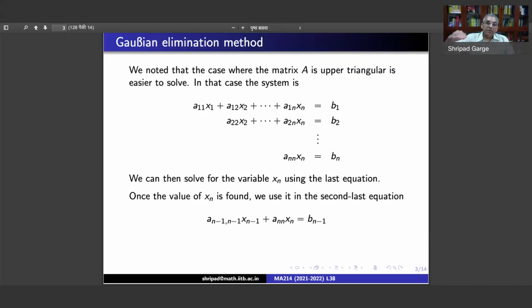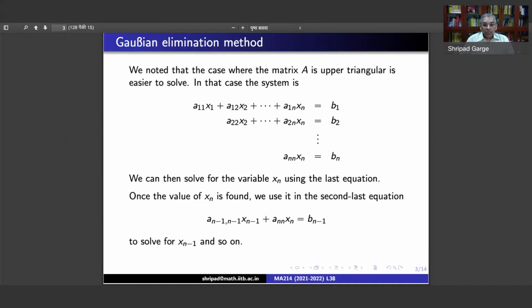This is the last but one equation. Here we have found the value of xn. We plug that value in, compute this product, and subtract it from b_(n-1) to get a_(n-1)(n-1) x_(n-1), and then divide by a_(n-1)(n-1) to get the value for x_(n-1).